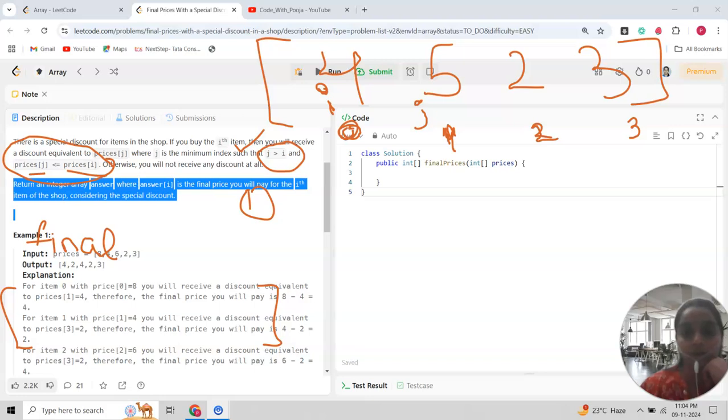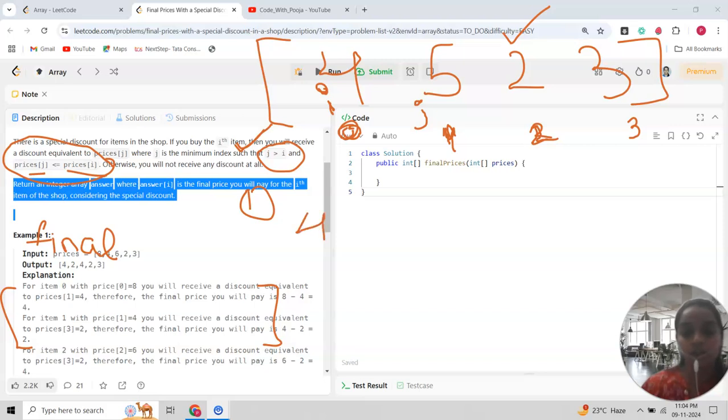Okay, now is j greater than i? Yes, so 2 is greater than 0. First will be confirmed. Now second one, is the price of j, this one is 2, less than i? Yes, 4 is greater than 2. Now what will happen?